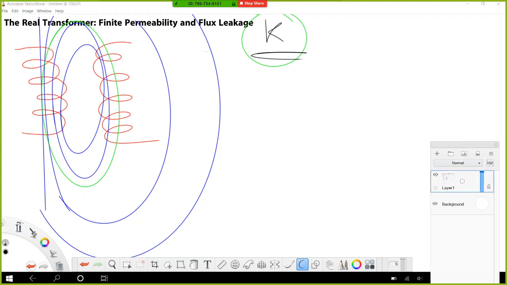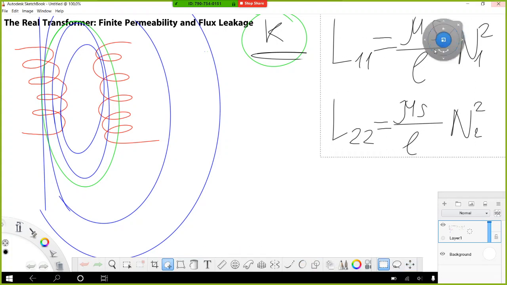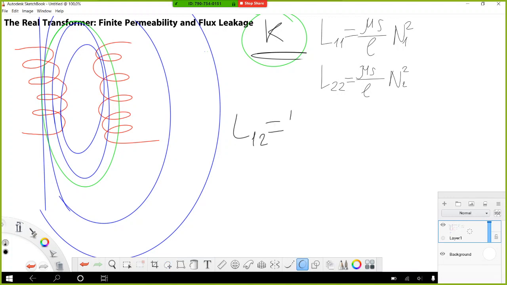Self inductance, of course, doesn't change. Self inductance L11 we have seen is mu s over L multiplied by n1 squared, as well as the self inductance of the second coil, mu s over L multiplied by n2 squared. Now the mutual inductance L12 will be equal to the mutual inductance L21, which is obvious.